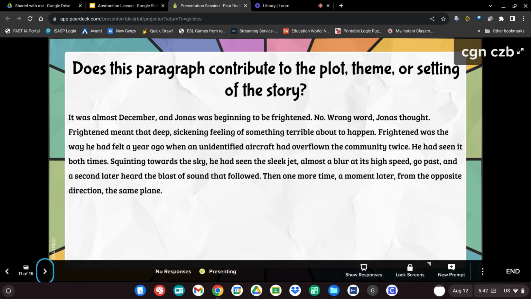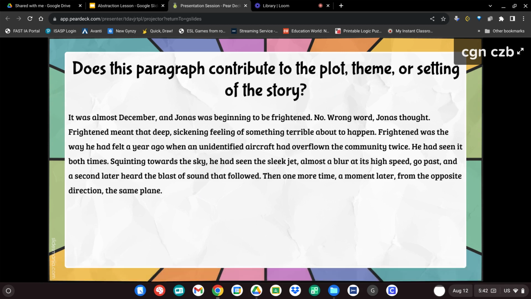So does this paragraph in The Giver contribute to the overall plot, theme, or setting of the story? First of all, let's remember, what is a story's plot? It's just this happens first, then this, then this, then this.